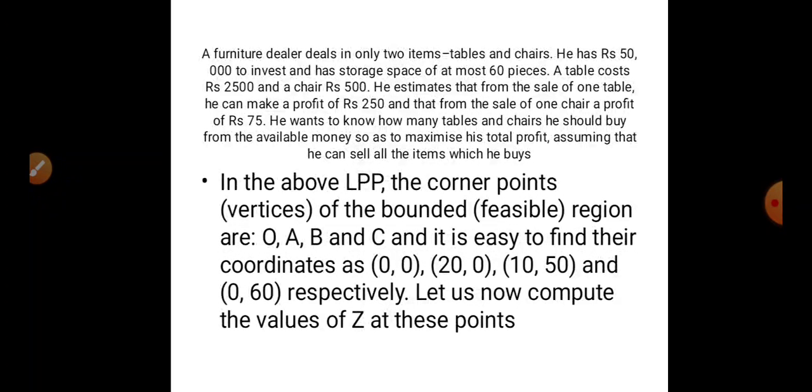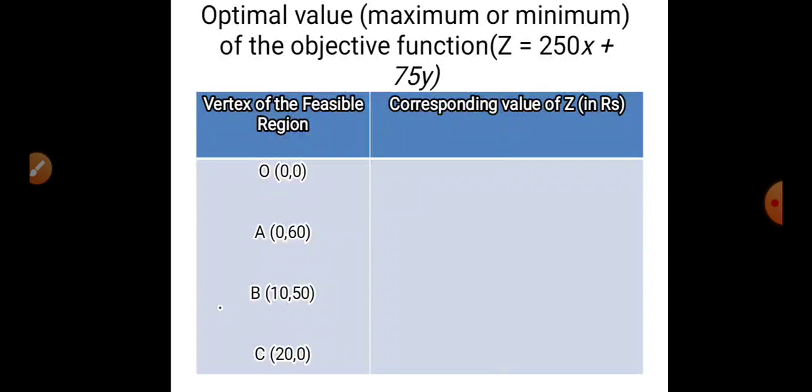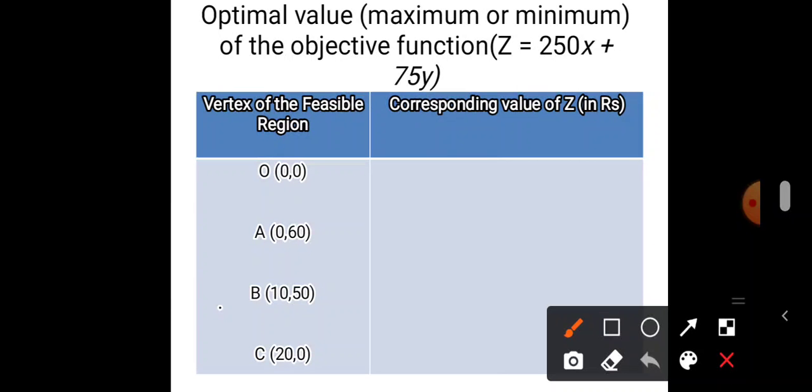So, in this case, the corner points are O, A, B, C, which I have shown in the graph, and which are (0, 0), (20, 0), (10, 50), and (0, 60). Now, let us find the value of z. If you put the value (0, 0) in z, when we take the point O, you will get the value 0, because x is 0, y is 0.